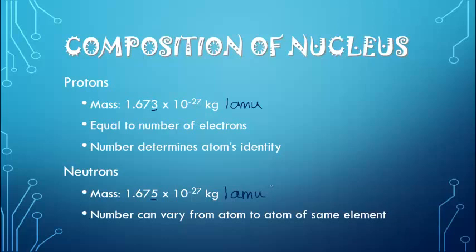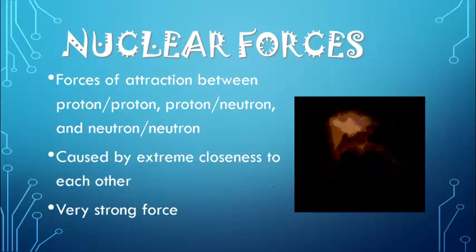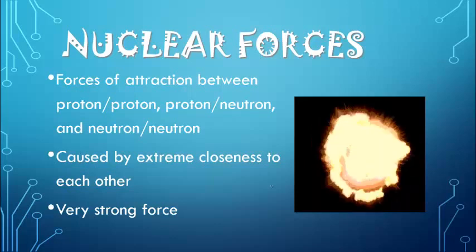So virtually they have the same mass. But we do find that the neutrons can vary from atom to atom of the same element. So we can change this mass a little bit, but not really change the properties of what that element is. If we change the proton, it does change, but the neutrons we're going to find can change and not change the element. And finally, we're going to look at nuclear forces. We know that the nucleus is such a small space.